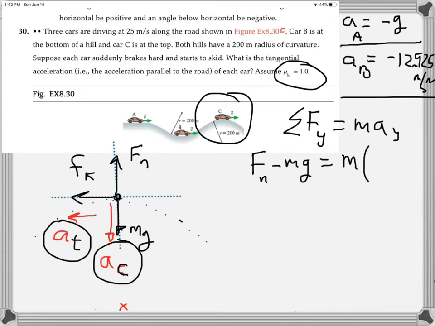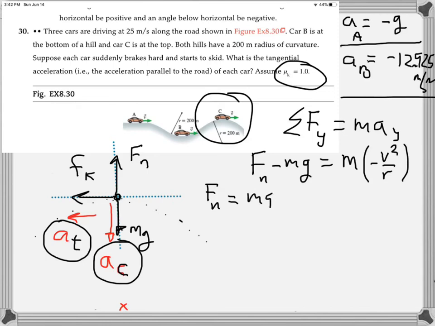Fn minus mg equals m times, what is the centripetal acceleration? Centripetal acceleration is v squared over r, but be careful with the sign. We know the acceleration is downwards. We're calling everything pointing up positive. So Fn, we put as a positive force, and we put mg as a negative force. So the acceleration has to be plugged in with a negative value. So it's going to be minus v squared over r.